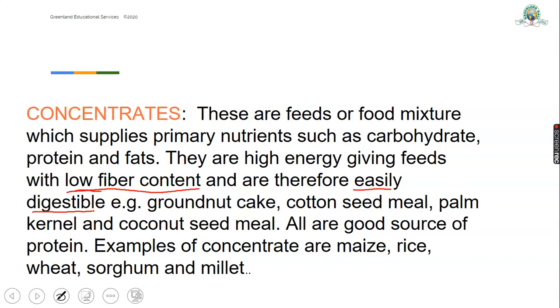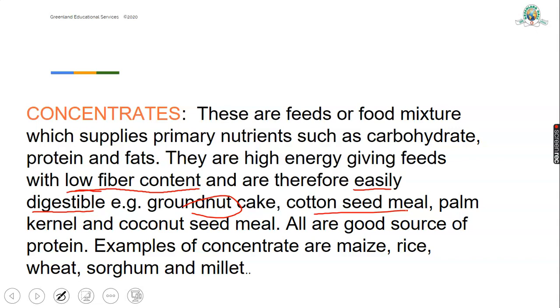Examples are groundnut cake, cotton seed meal, palm kernel cake, coconut seed meal, bone meal, and so on.